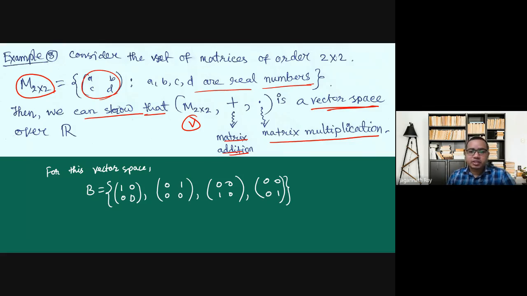If we consider these four matrices, we call them V1, V2, V3, and V4. Then it is an easy task to check that this is a linearly independent set.